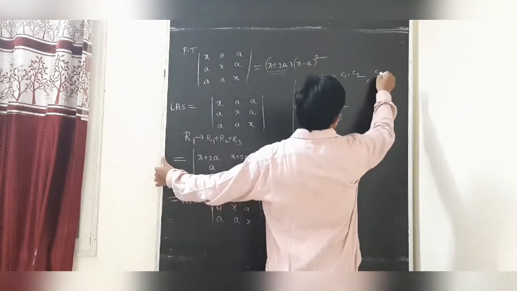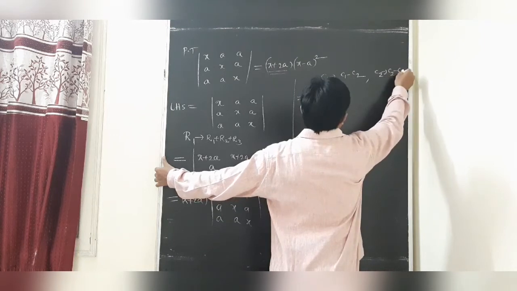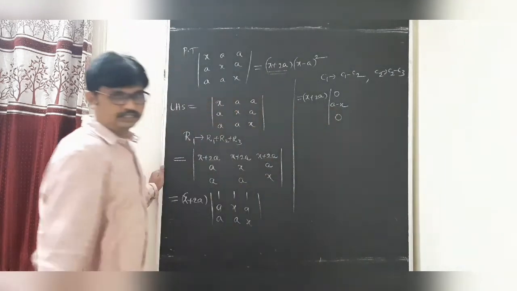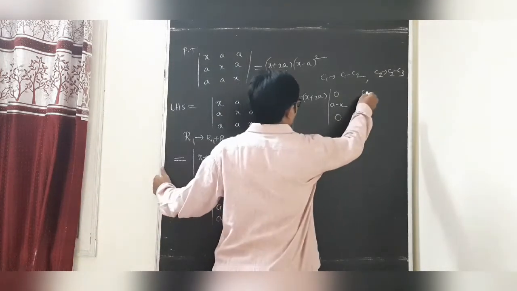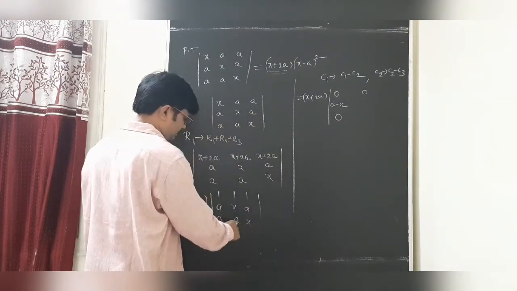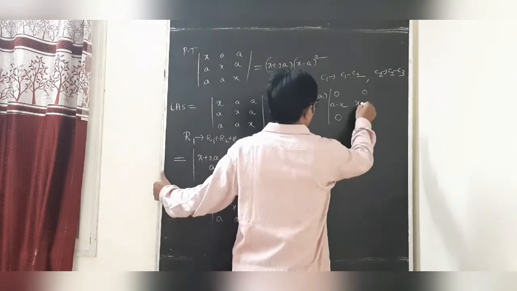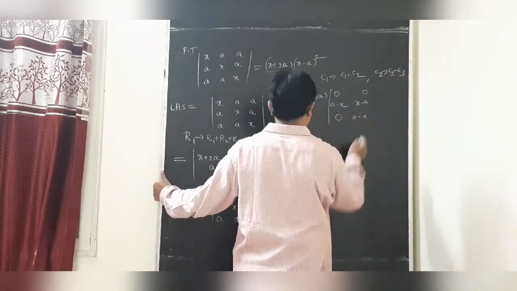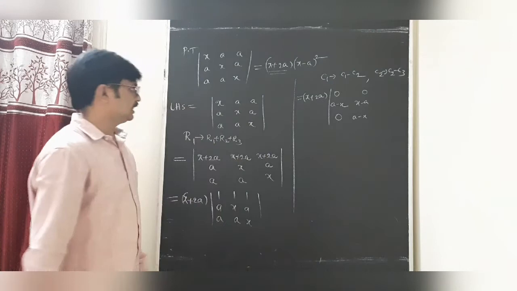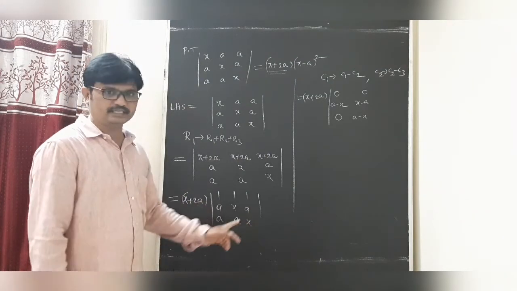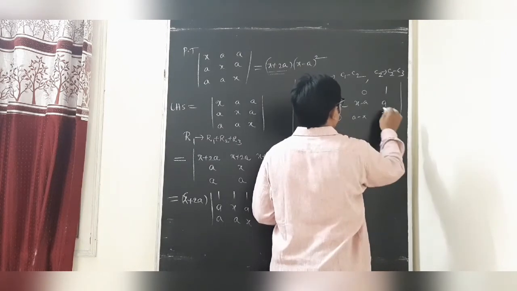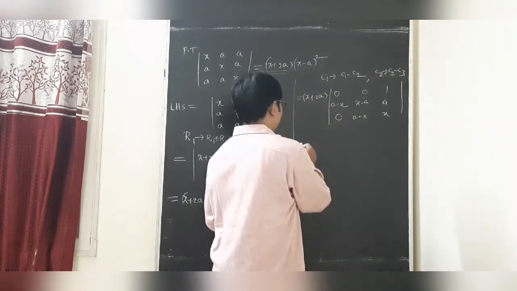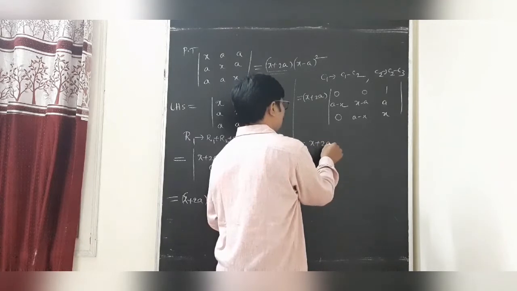Also C2 replaced by C2 minus C3: 1 minus 1 is 0, then x minus a, and a minus x. The last column will be 1, a, x.